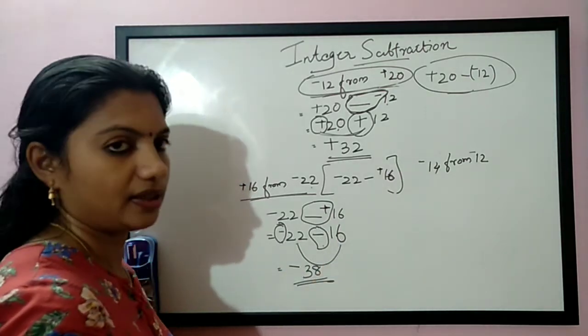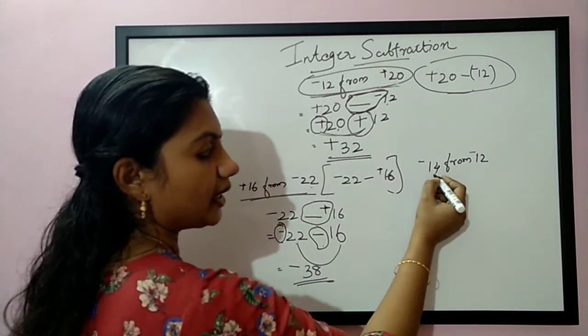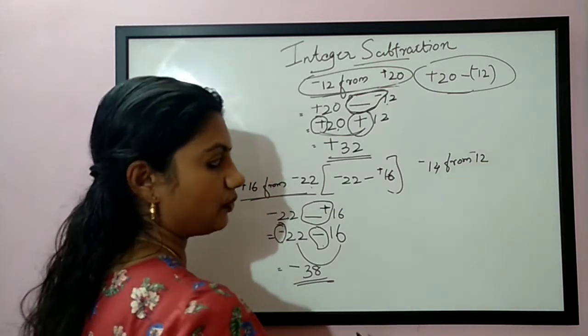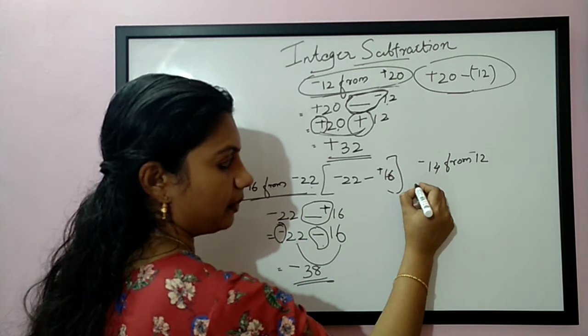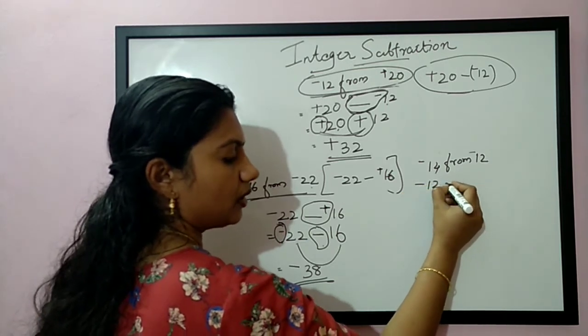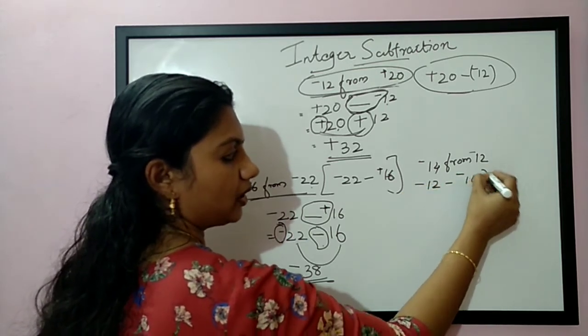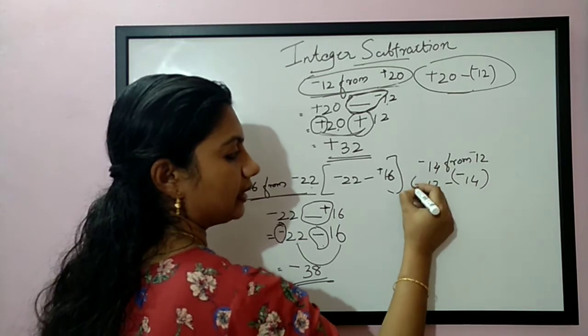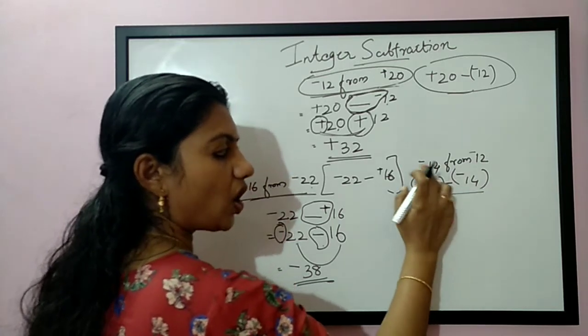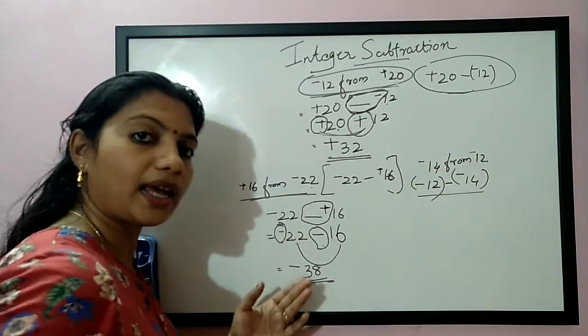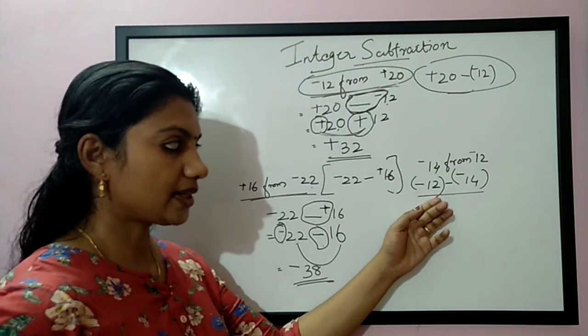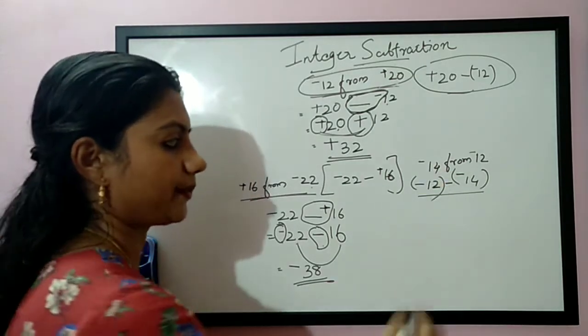Next, look at this number. So negative 14 from negative 12. The question can be negative 12 minus negative 14. You can get a question like this or like this. So two ways they can ask the question. Either the question is like this or the question is like this.